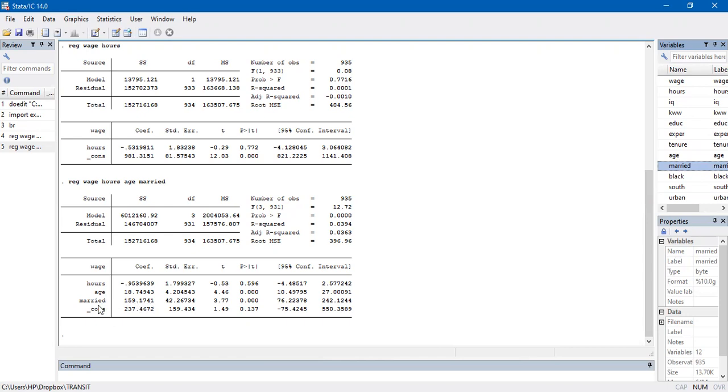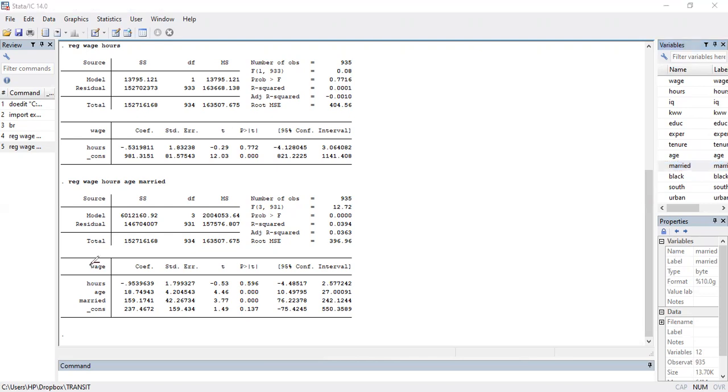Are we together? If you are asked to report the model, wage is the dependent variable, so wage comes first. Then you come to the constant. Then you continue with the other independent variables.